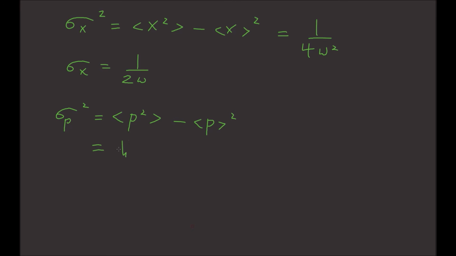So we have h bar squared times a plus h bar squared times L squared minus h bar squared times L squared, which is equal to h bar squared times a. So finally the error in the momentum is equal to h bar times square root of a. And indeed, if you multiply these two, you will find that the uncertainty principle is still satisfied.